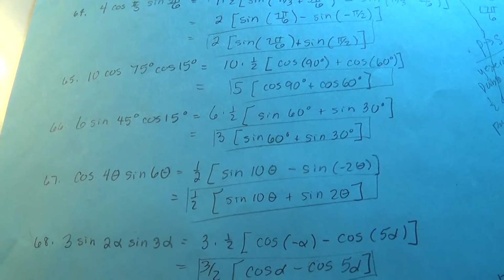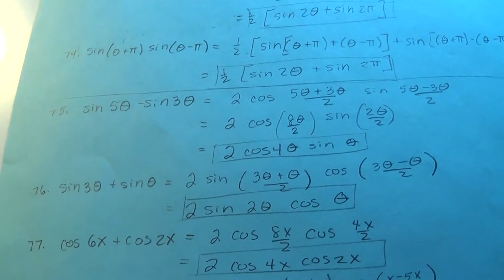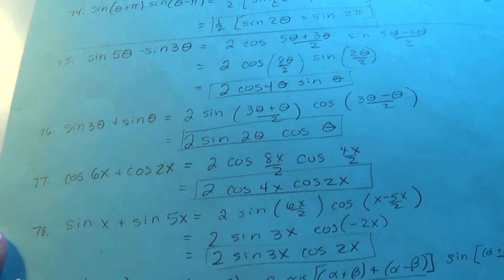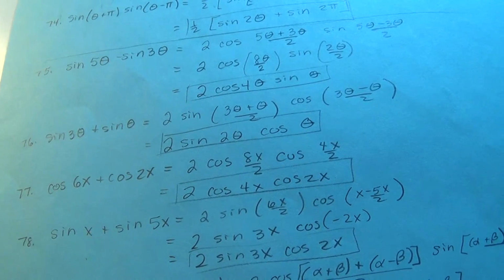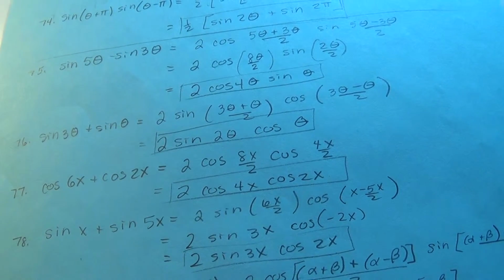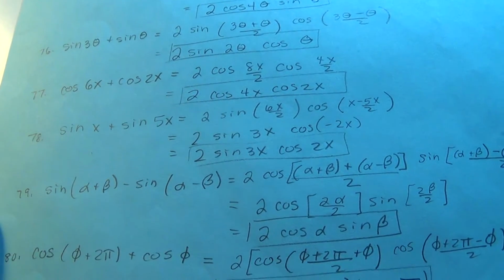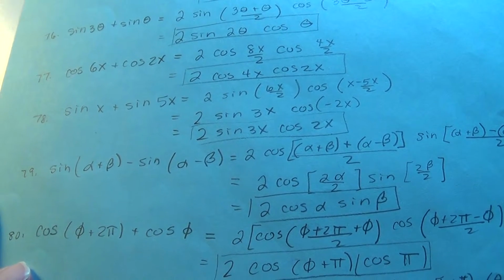Then the other way, where you go from a product to a sum, we had to do number 75, which I think is the one we just did together. 77, 78, and where did these stop? At 82. I'll take you down to 80, 79, 80, right there.